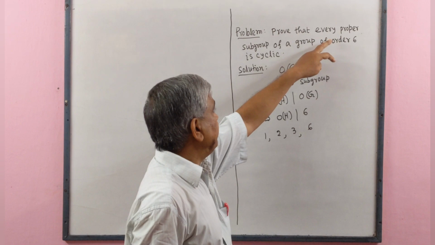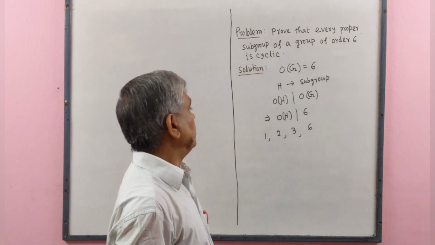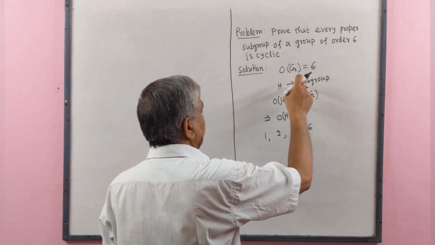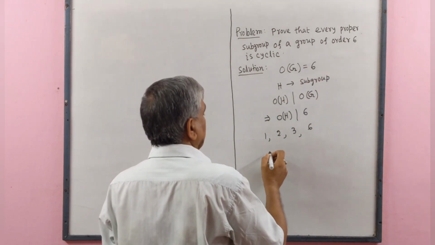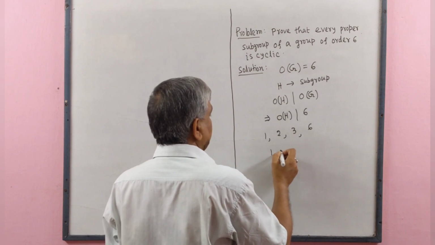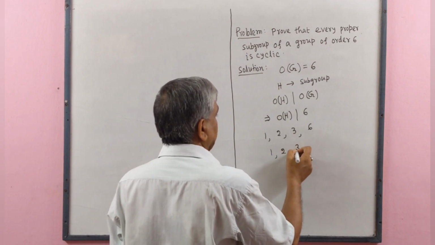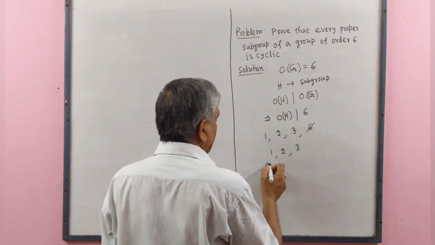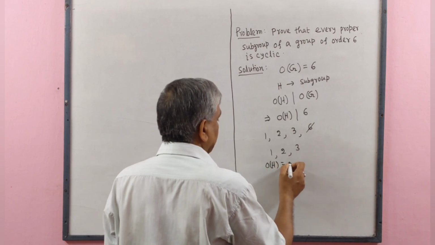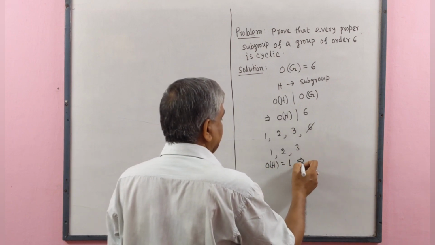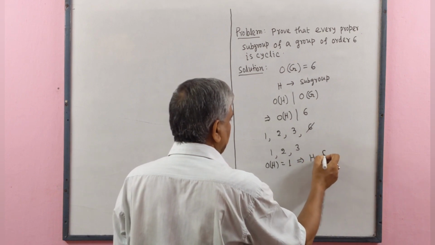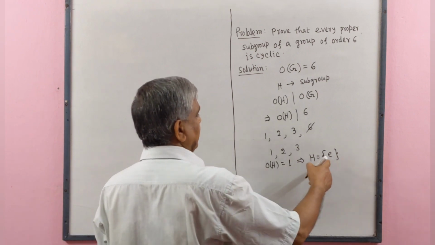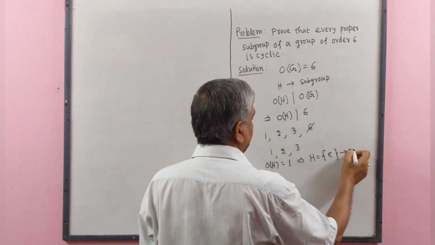Here, given that every proper subgroup of a group, therefore, for H to be a proper subgroup, we take only 3 numbers, 1 or 2 or 3, not 6. Let order of H equal 1, which implies that H contains only a single element, that is the identity element, and this is a cyclic group.